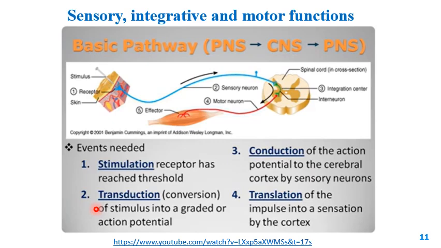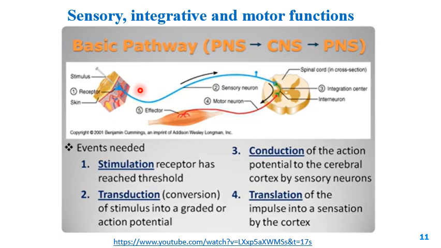Once you have your action potential, then you're going to travel all the way to your CNS, and this is the part that is conduction. This gets to be a bit tricky on these terms.